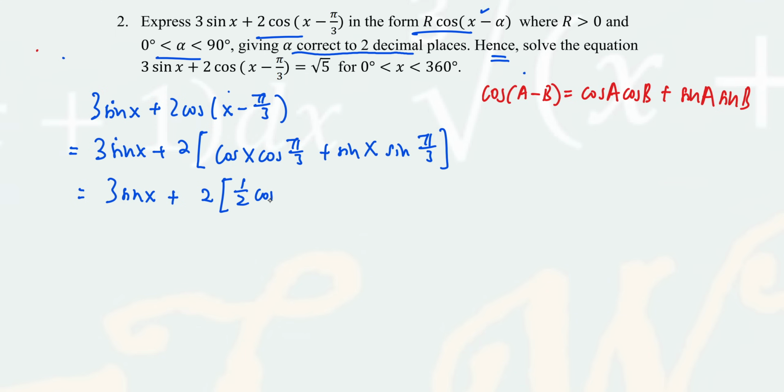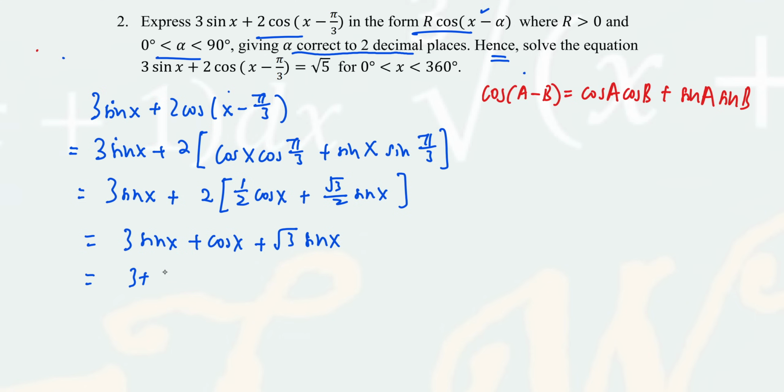So half cos x. Then sine pi over 3 is root 3 over 2. Then from here, when you simplify the half and the 2, that is 3 sine x plus cos x plus root 3 sine x. Then at last, you will be getting 3 plus root 3 sine x, then plus cos x.